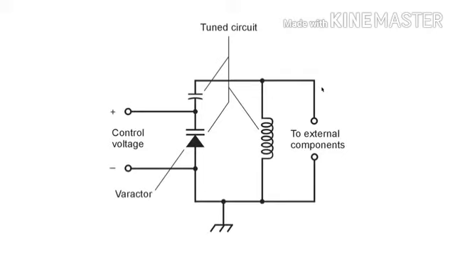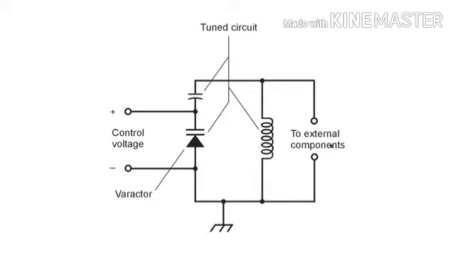This is a parallel tuned circuit, and the way you tune it is to vary the voltage across this varactor diode. Notice that this is reverse bias voltage. The greater the voltage, the less the capacitance, and the higher the frequency. You can therefore have what is known as a voltage controlled oscillator.